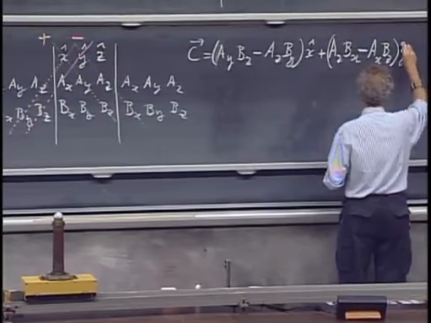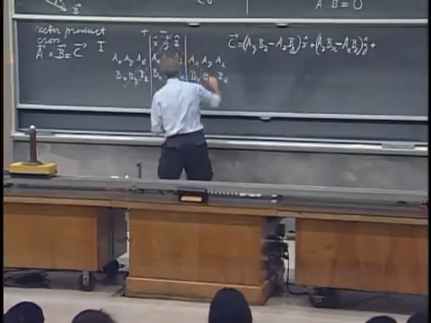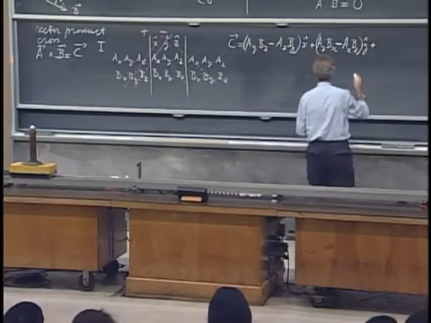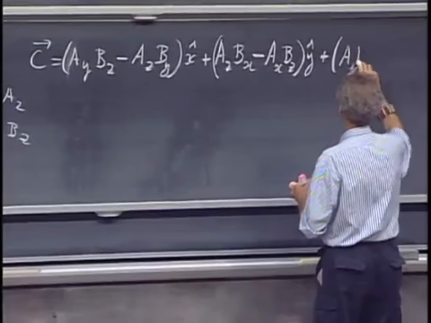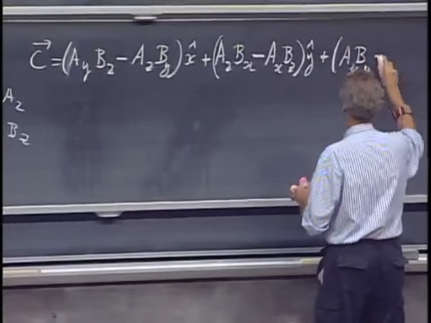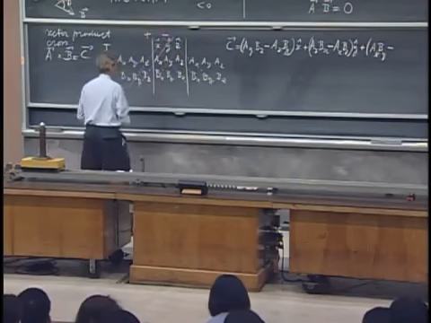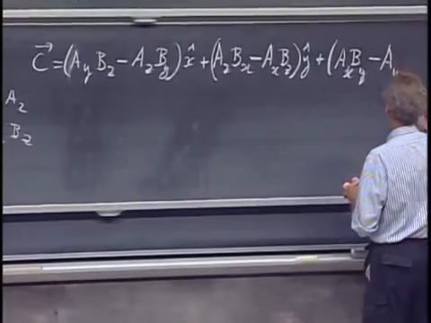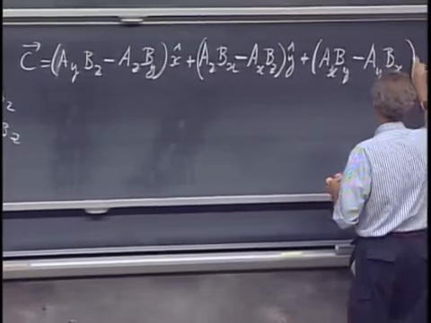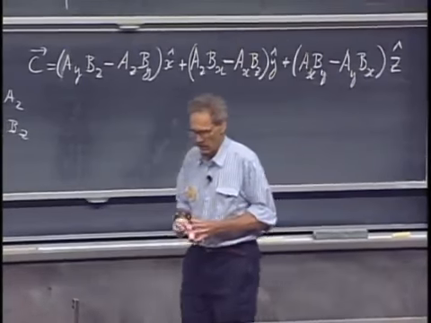In the direction Y. And last but not least, AXBY minus AYBX. In the direction of the unit vector Z.